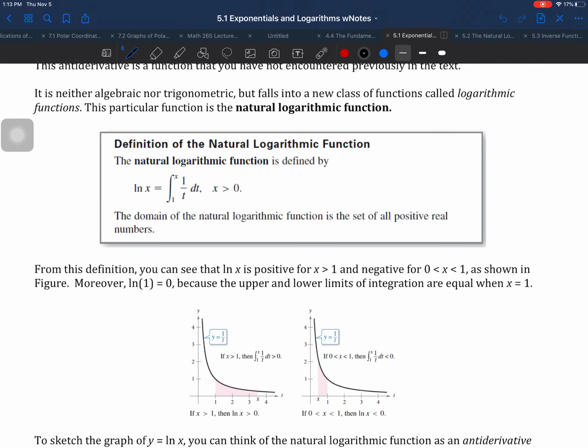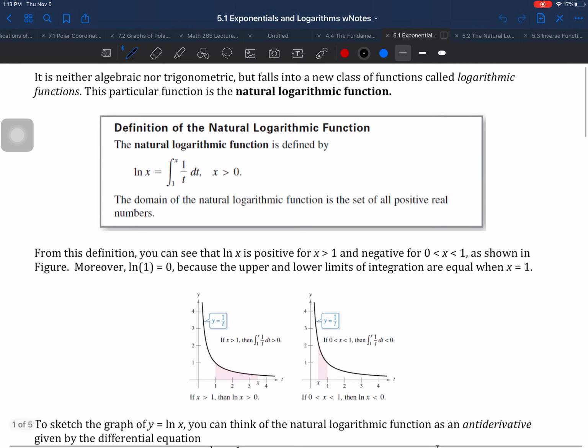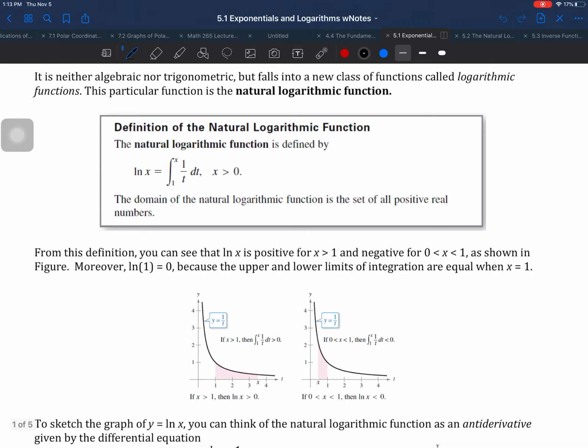Definition of the natural logarithmic function. The natural logarithmic function is defined by ln of x equals the definite integral from 1 to x of the function 1 over t dt, where x is greater than 0.